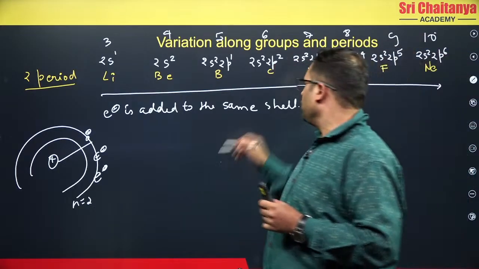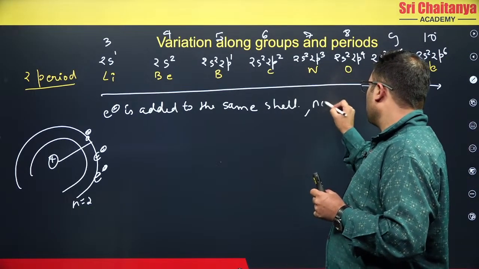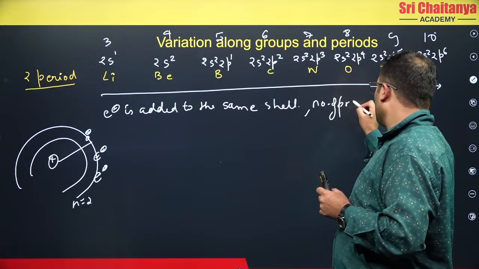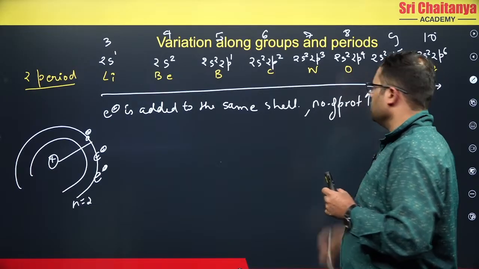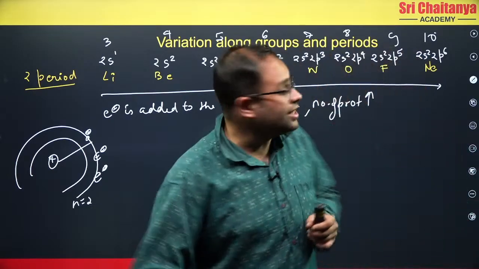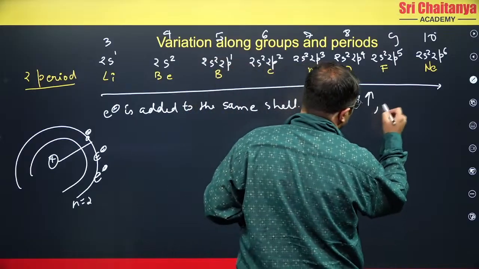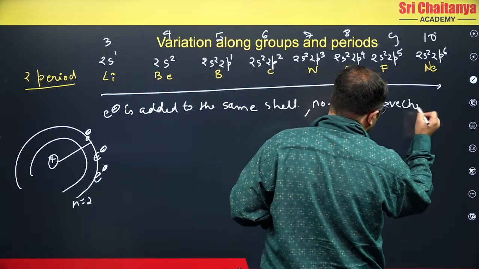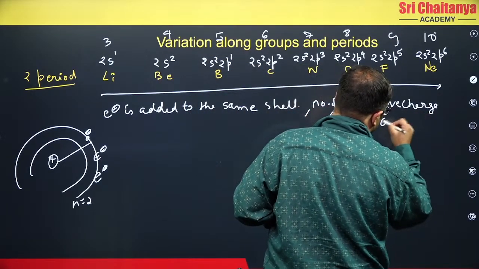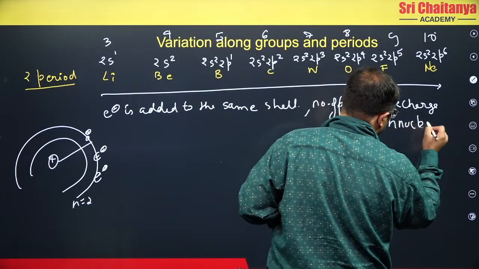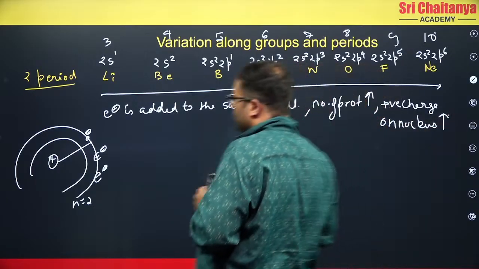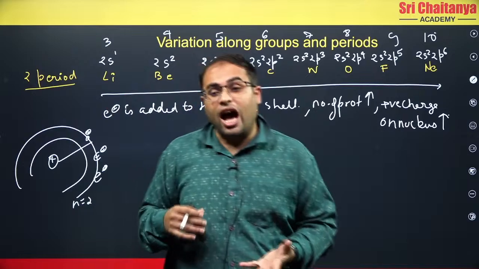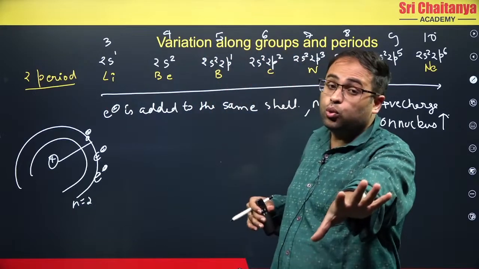Atomic number means number of protons is increasing. As number of protons increases, the positive charge on nucleus increases.